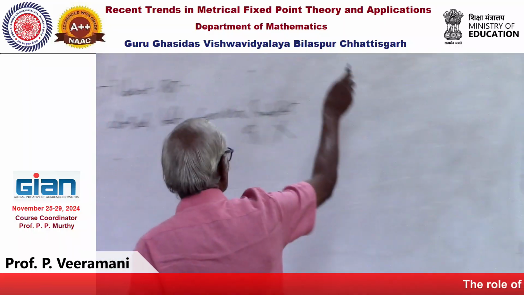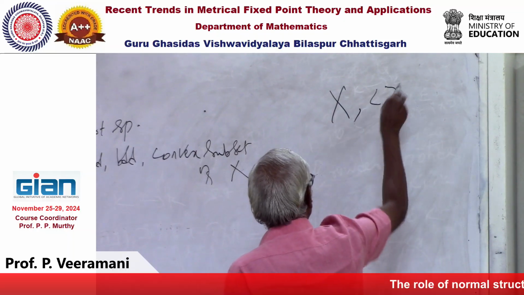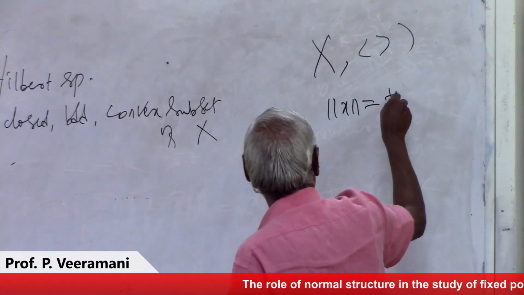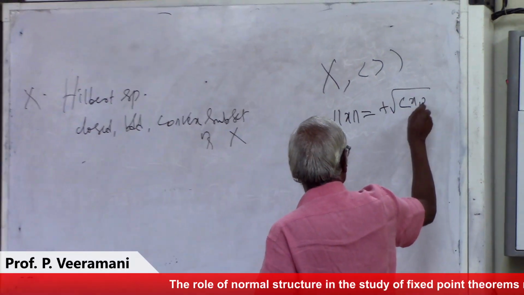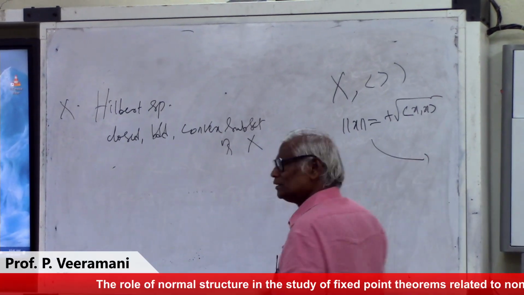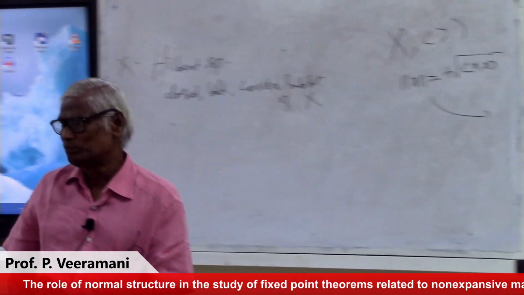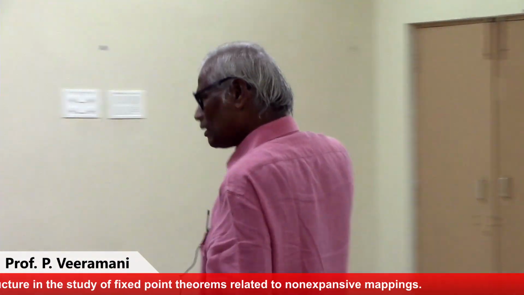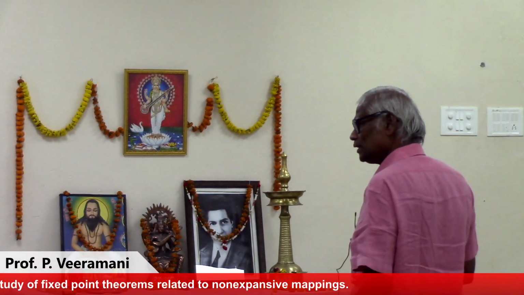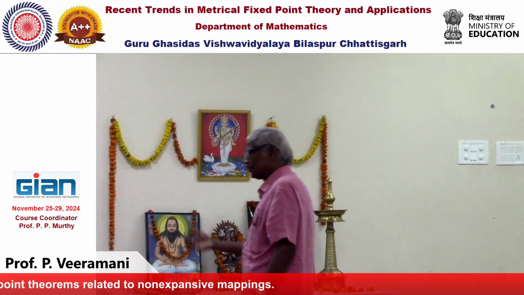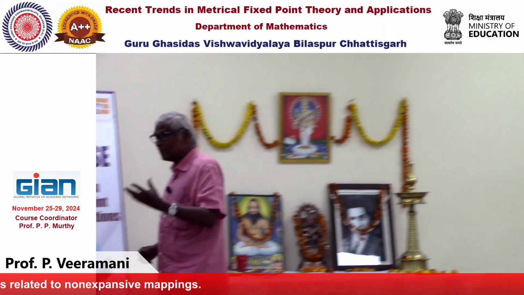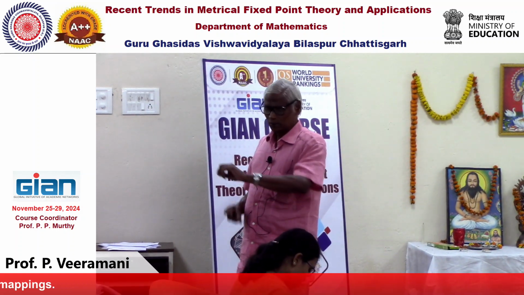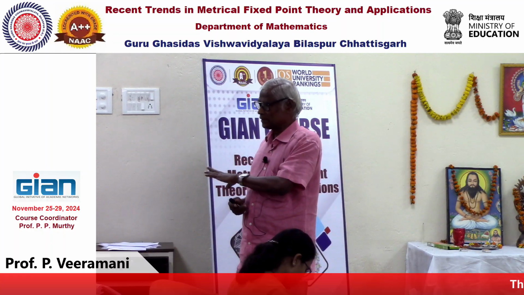We know that if X is an inner product space, then we define norm x for each x in X as the positive root of the inner product of x with x, and we can prove that it is a norm. Will it be complete? Every inner product will induce a norm. That norm will induce a metric, d(x, y) equals norm of x minus y.